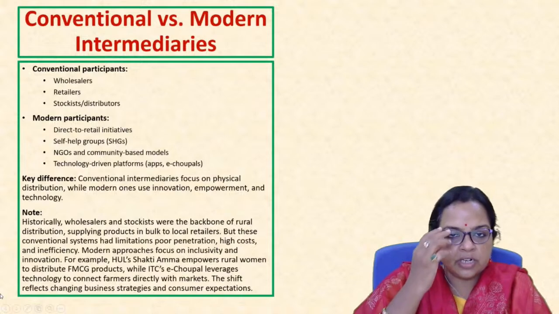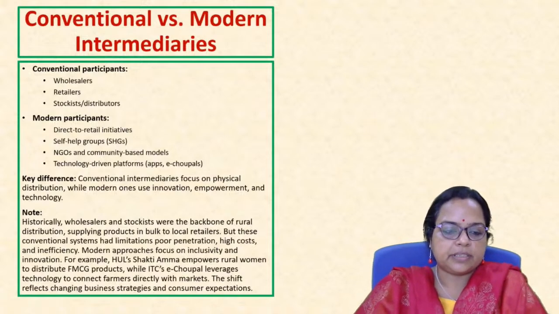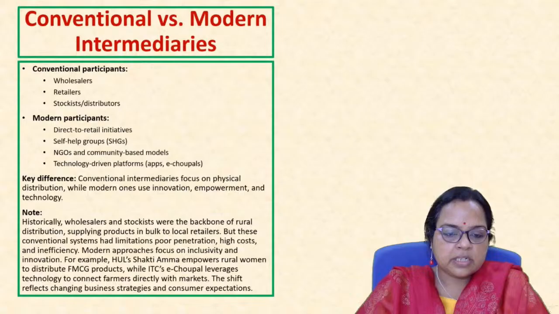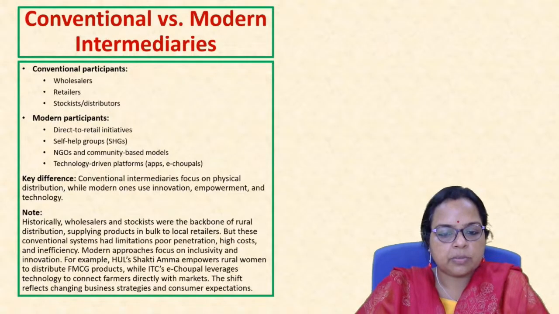What are the conventional and modern intermediaries? Wholesalers and stockists are the traditional or conventional distribution channel, and these were the backbone of rural distribution as well, because usually they supply products in bulk to local retailers.